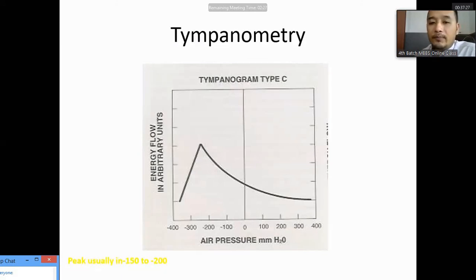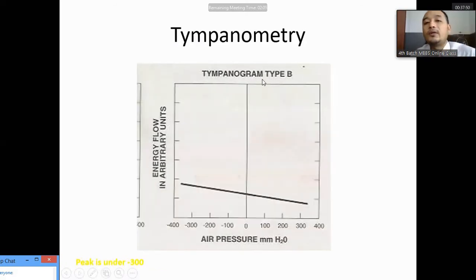There is negative pressure built up and the tympanic membrane is pulled inside. And when we apply the negative pressure from the external auditory canal, the tympanic membrane comes to the neutral position at around minus 200. So compliance is highest at minus 200 millimeter of water. This is type C tympanogram occurring in eustachian tube dysfunction.